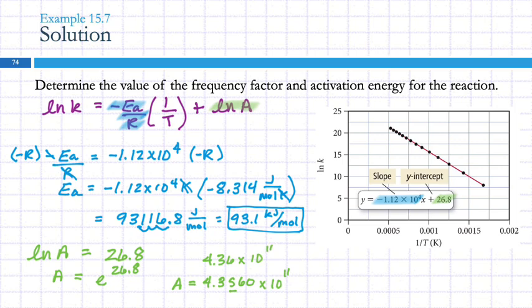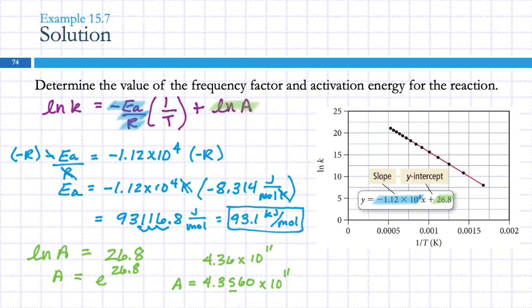What are the units on the activation energy? I'm sorry, not the activation energy. See, A and activation energy go together in my mind, right? Because they both start with A. But EA is the activation energy. This is the frequency factor, which I would have given capital F, but they didn't ask me.